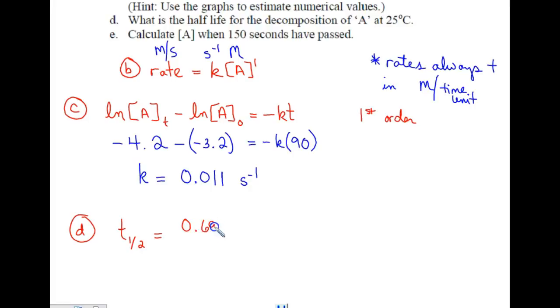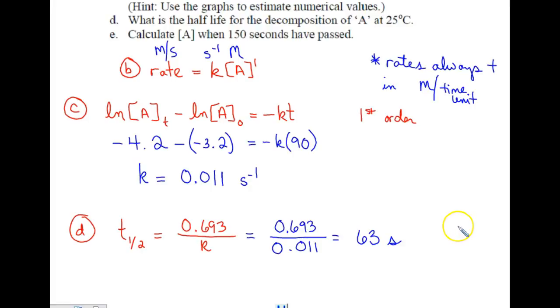It's 0.693 divided by K. So since we have our K value already, pop that into our calculator, and we get 63 seconds.